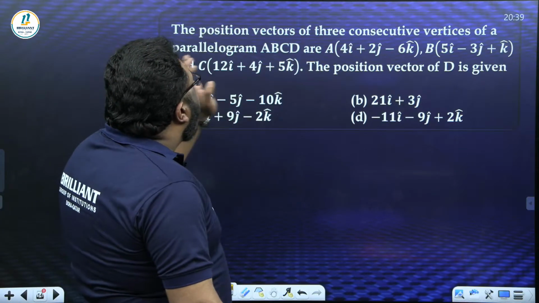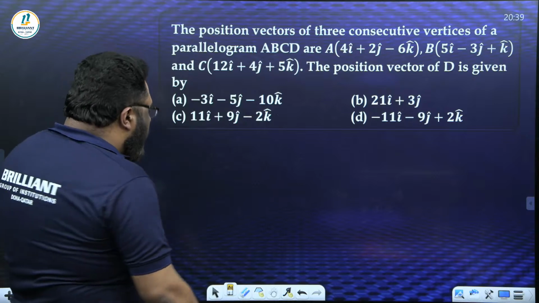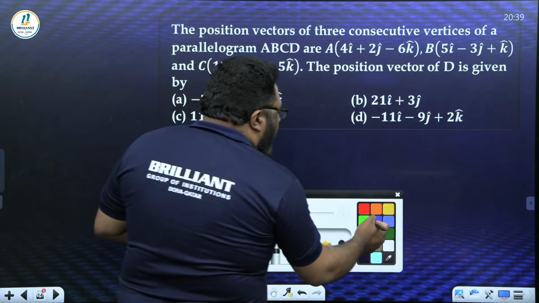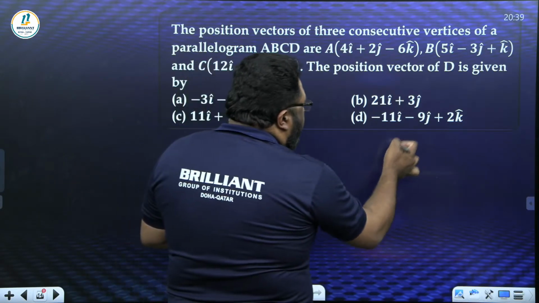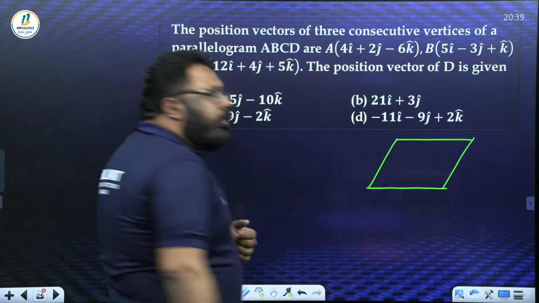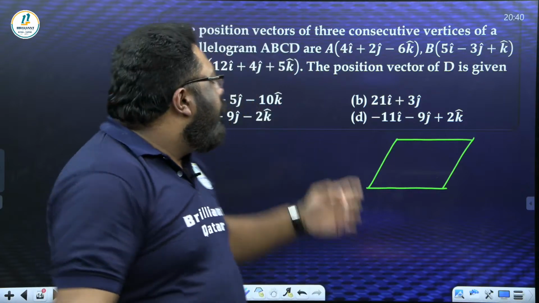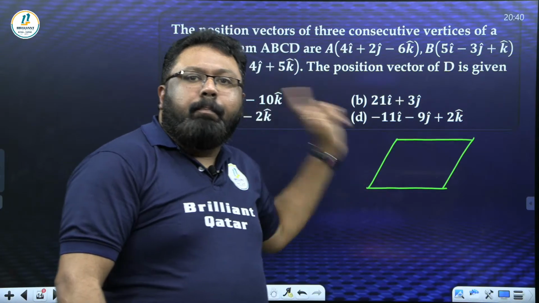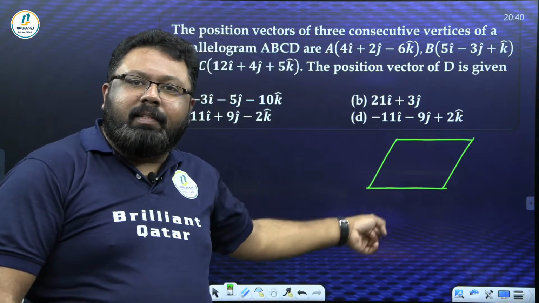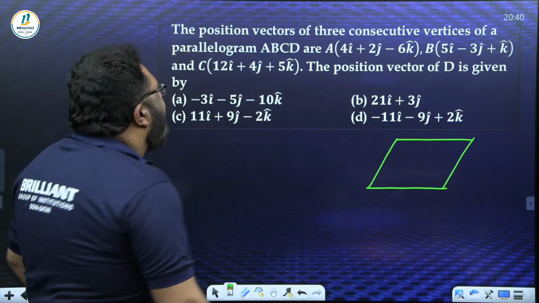Next question, the position vectors of 3 consecutive vertices of a parallelogram. It's a very interesting question and difficult to solve, but if you get a simple technique... This same type of question is from the board question, but the same pattern came this year in JEE Mains, my dears.